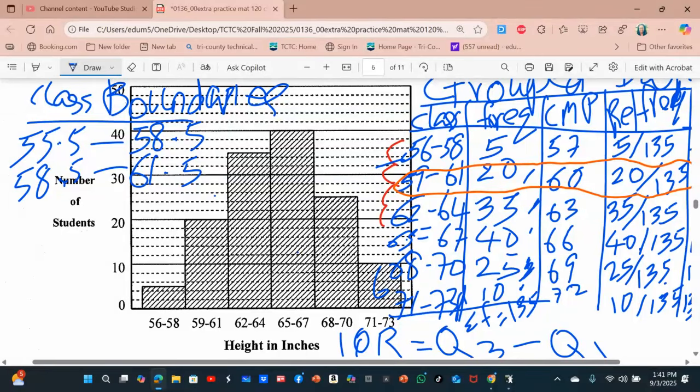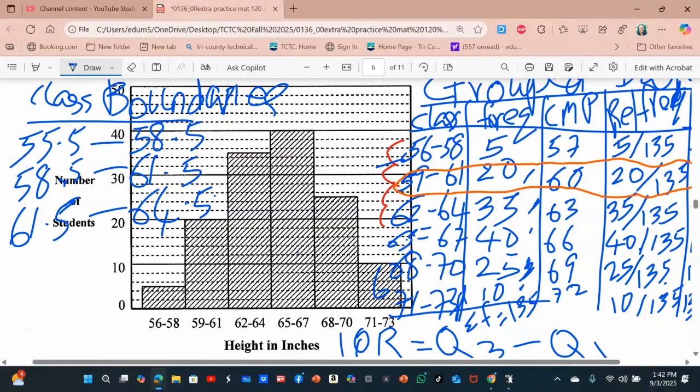I could be told to do that. The lower class boundary of the third class is 61.5. In other words, drop the lower limit by 0.5 and add 0.5 to the upper limit, so the upper boundary is 64.5. What is the lower class boundary of the fourth class?